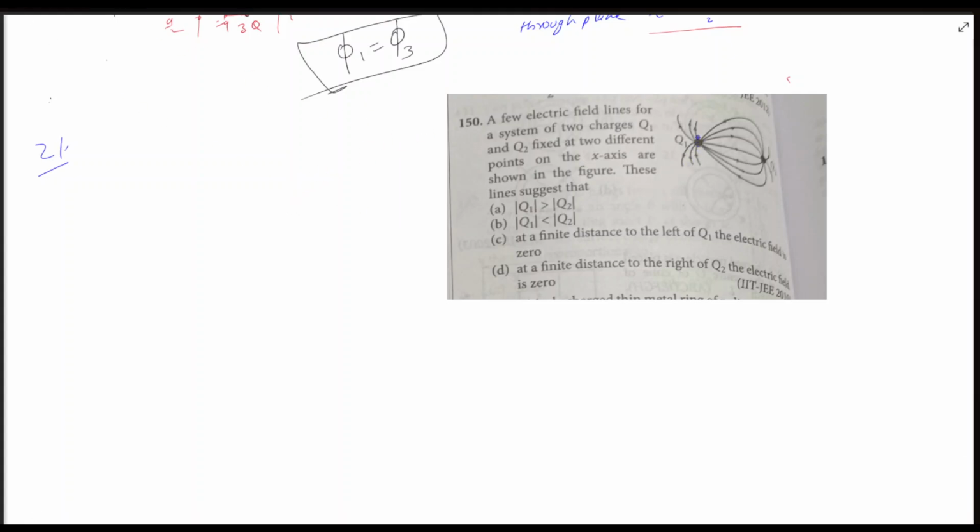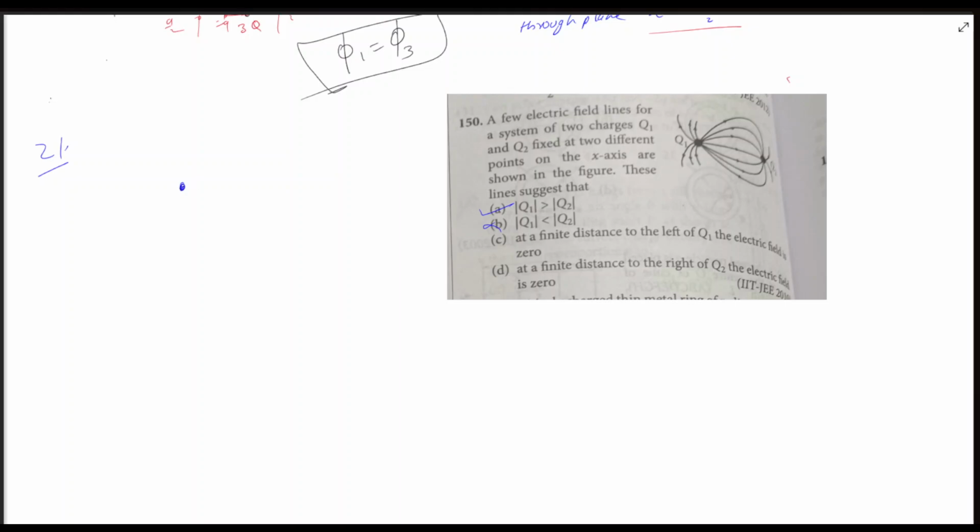This is based on the number of field lines per unit volume. So if field line density is more, then the charge will be more. So here there are more field lines compared to this. So Q1 must be greater than Q2. So this is wrong, option B. Now, at a finite distance to the left of Q1, electric field is 0.